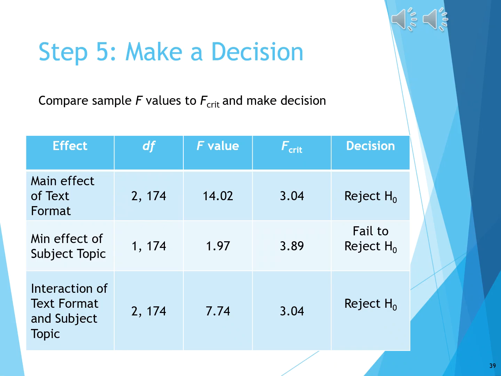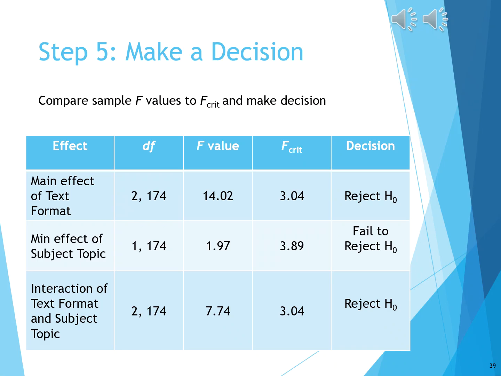If the null hypothesis was that there would be no difference in student satisfaction ratings between psychology and chemistry, then we unfortunately retain that null hypothesis, and we don't have any evidence to suggest that there is a difference in student satisfaction ratings between psychology and chemistry overall. But how about the interaction effect?